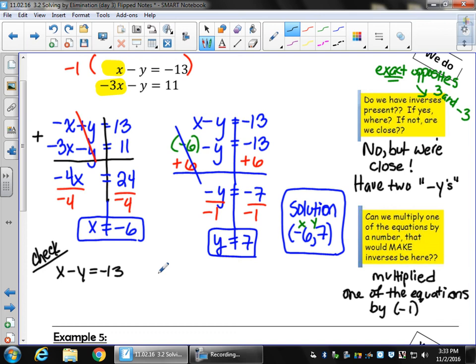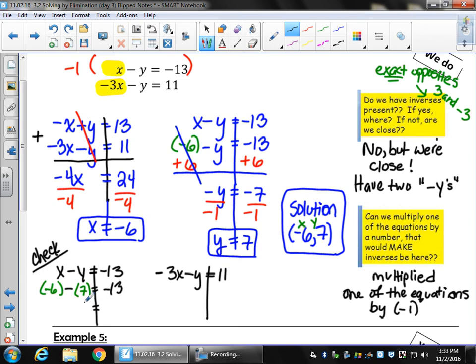And then negative 3x minus y equals 11. We're going to do them one at a time. So where I see x, I'm going to plug in negative 6. And then where I see a y, we're plugging in 7. Notice I'm very careful to use parentheses. And this should equal negative 13.